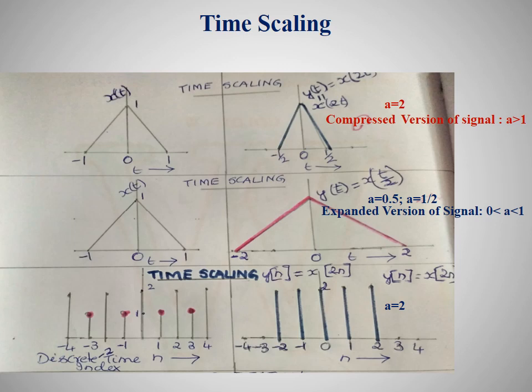What happens after time scaling? If time scaling happens with a factor of 2, as can be seen here, that is y of n will be equal to x of 2n.